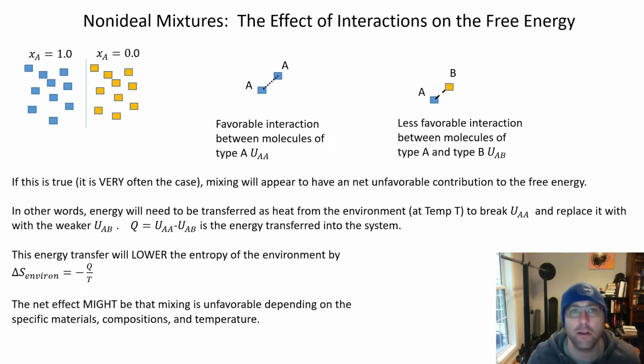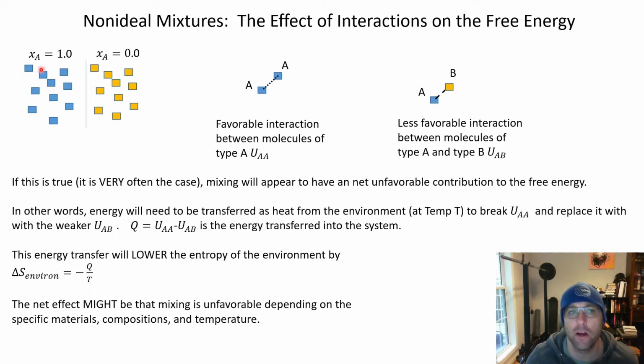So let's look at non-ideal mixtures and what we mean when we're going to add new physics other than just mixing. The basic idea is that let's say we start with an unmixed state and there are numerous interactions in each of the phase domains, right?